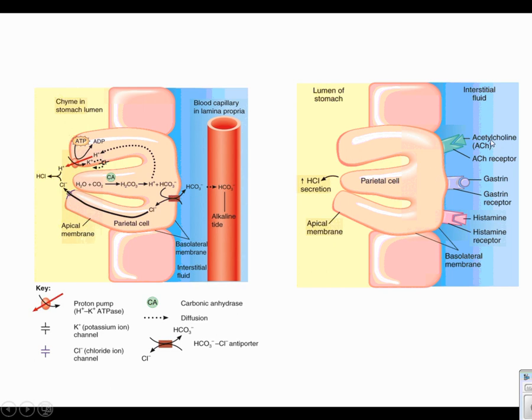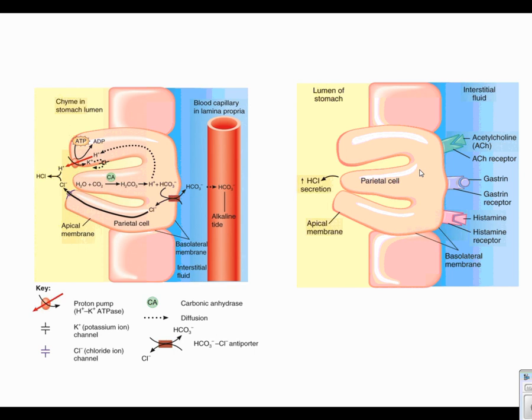The release of acetylcholine that binds to acetylcholine receptors on the parietal cells. Do you guys remember which division of the nervous system is involved with the release of acetylcholine? It's that division that produces that rest and digest response, our parasympathetic nervous system. Which should make sense.